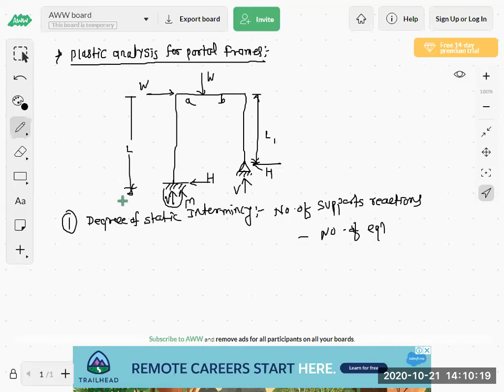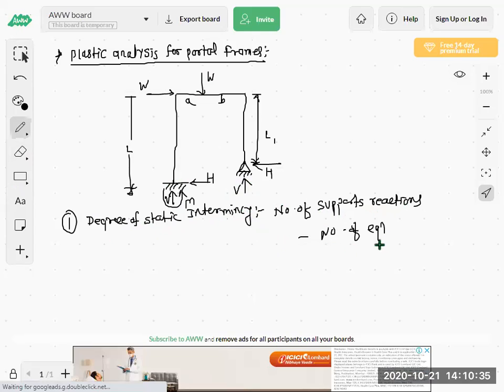So how many total reactions are there? Static degree of indeterminacy is the number of support reactions minus the number of equations.